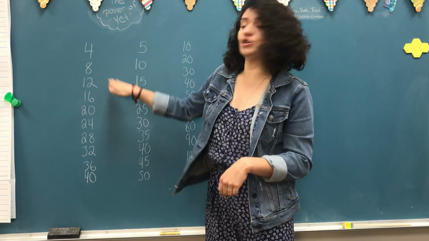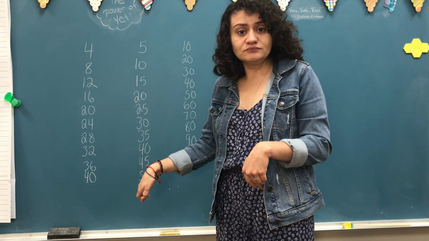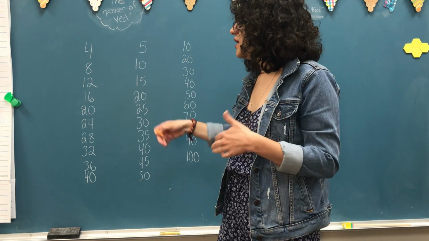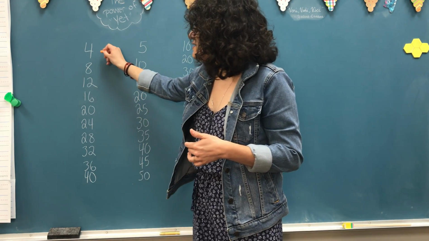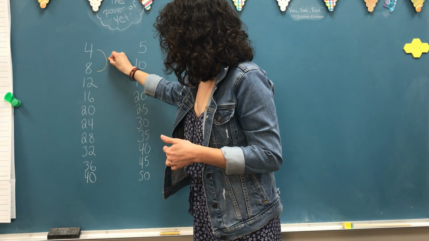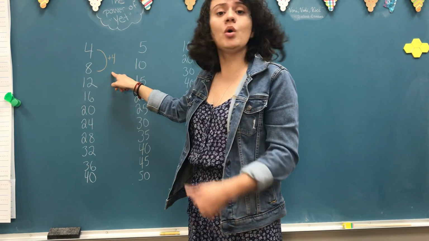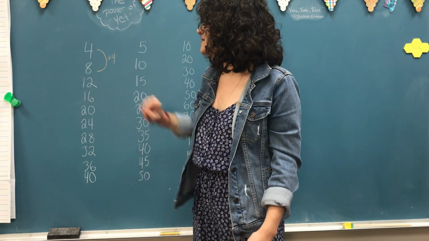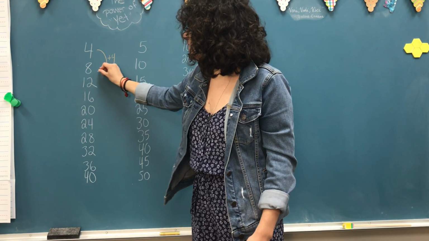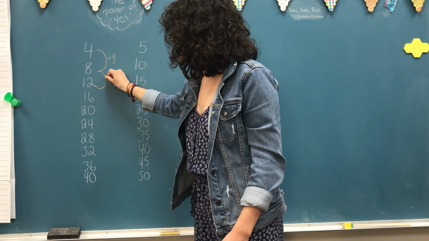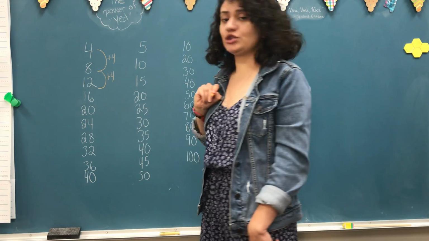And when you're skip counting through these numbers, what it's saying is this number, if I were to add 4 more to it, I would get to this number. And then I would be at this number, and I would add 4 more to it.